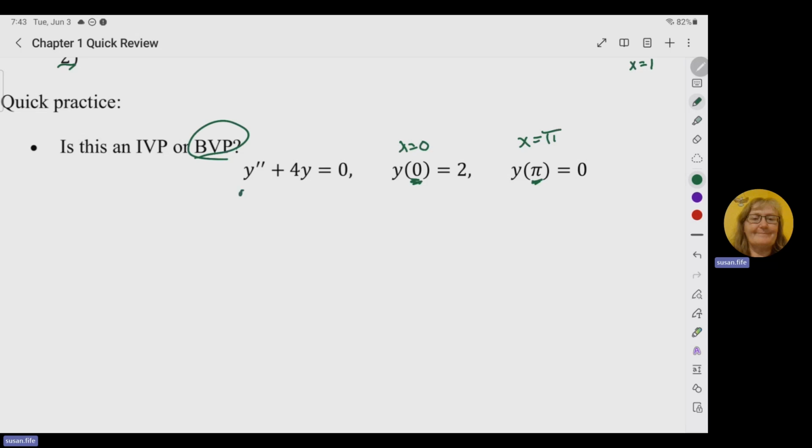This is a second order linear ODE. It happens to be homogeneous.